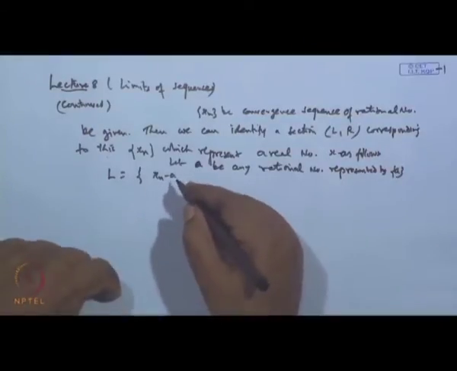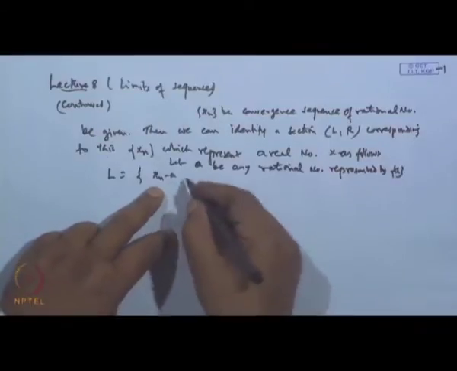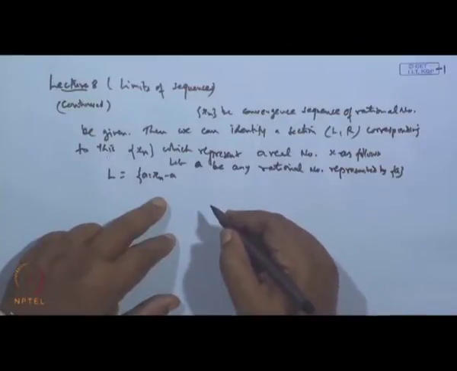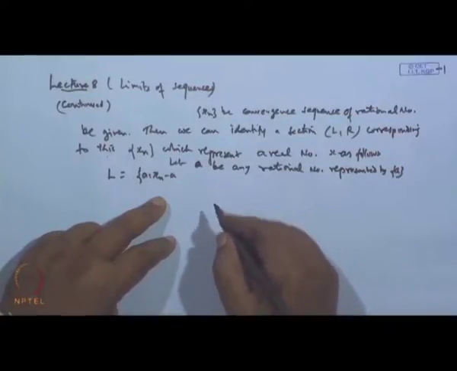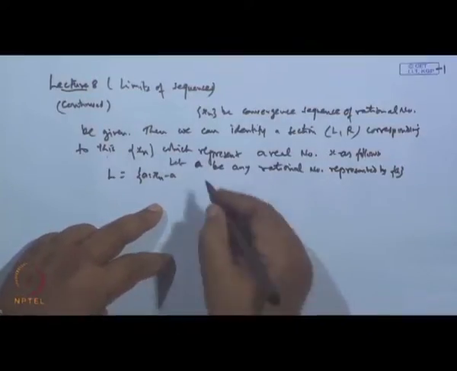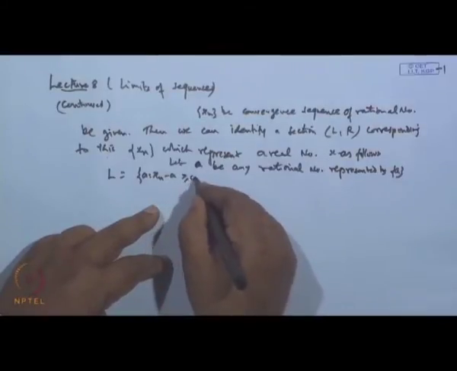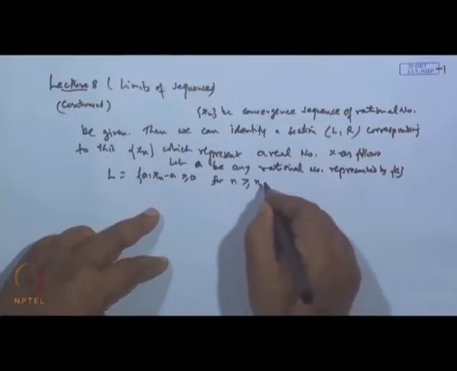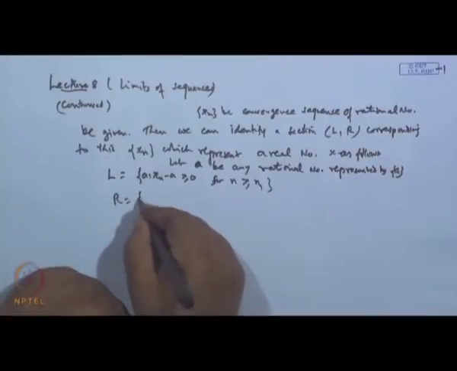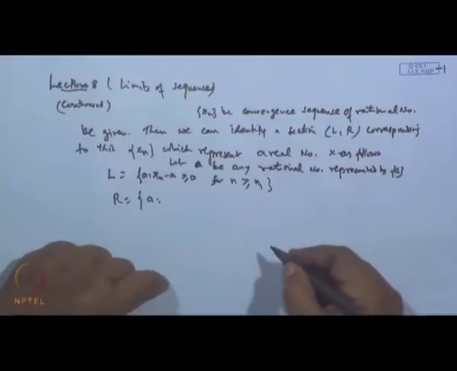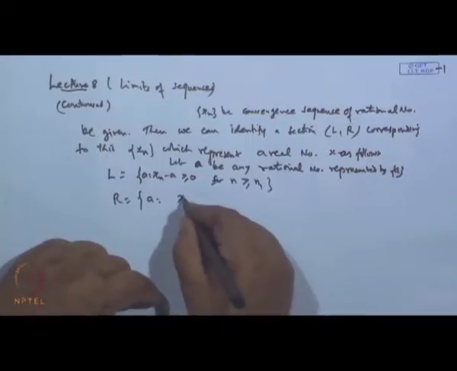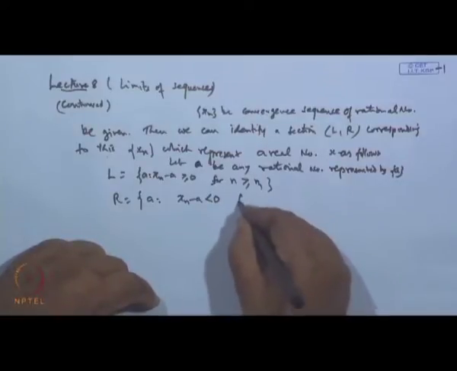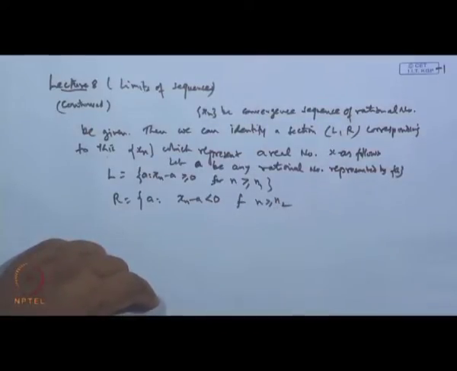And the upper class R is the set of those a for which x n minus a is negative from and after some n greater than say n 2.